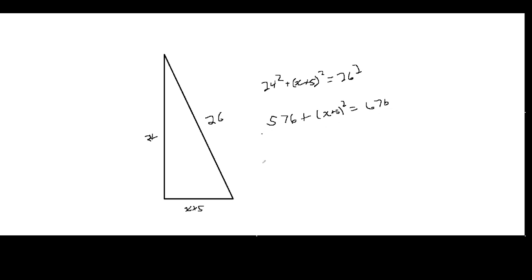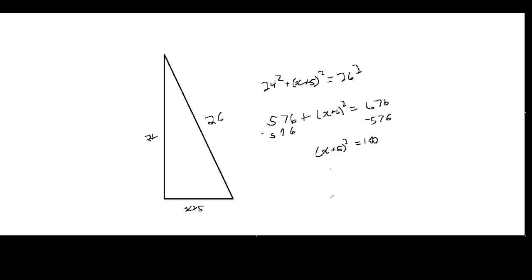So now what you do from here, it's simple. You just have to subtract 576 from both sides, and you get (x plus 5) squared equals 100.